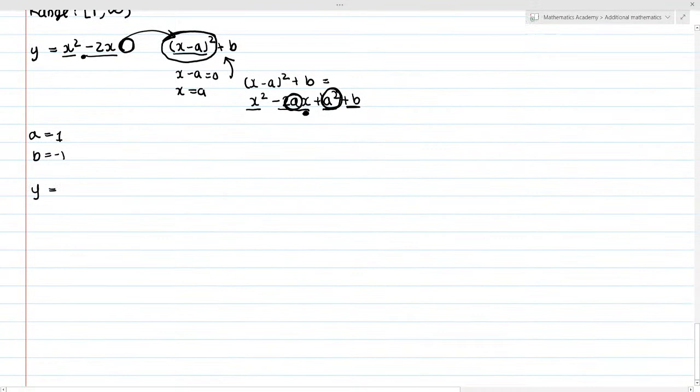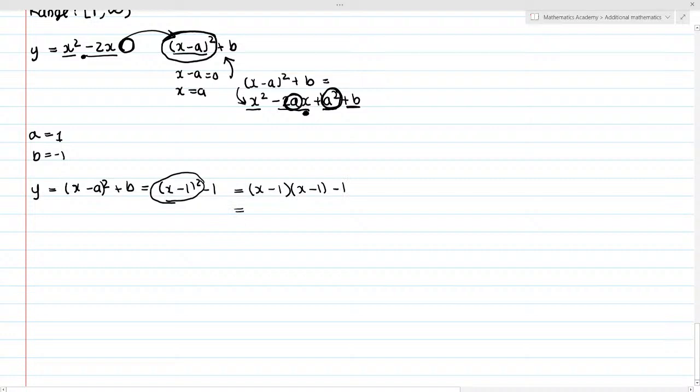If I let y equal x minus a squared plus b, which is the same as x minus 1 squared minus 1, then if I expand this out, hopefully you saw how expanding x minus a squared worked, but I'll just show you here. You can just write them out like this.